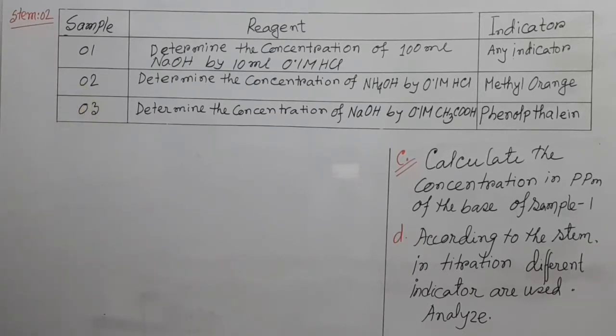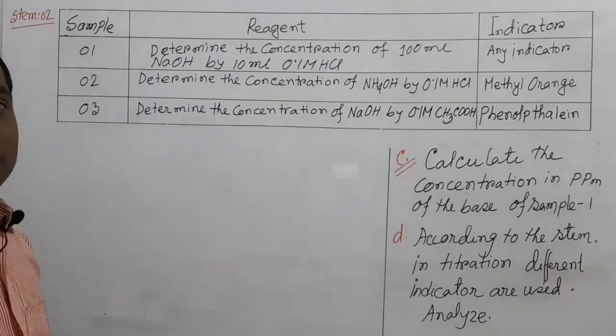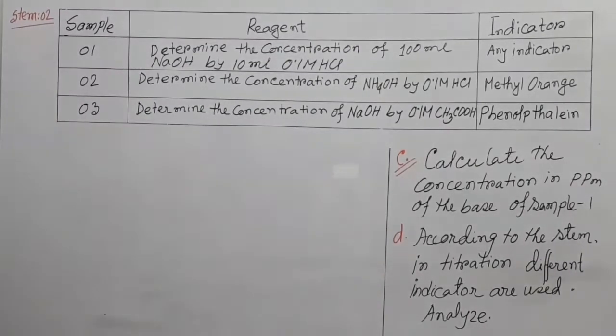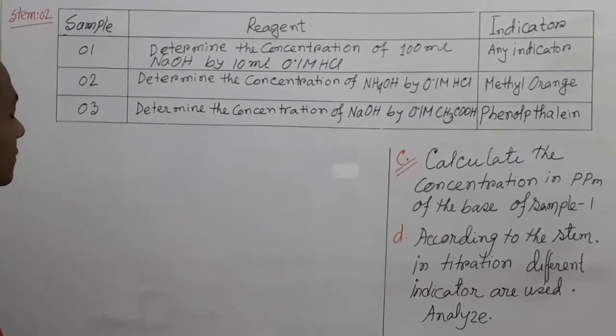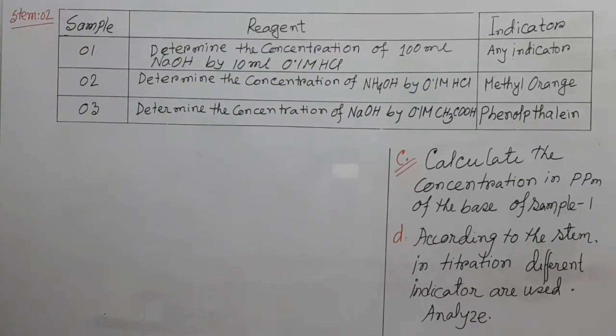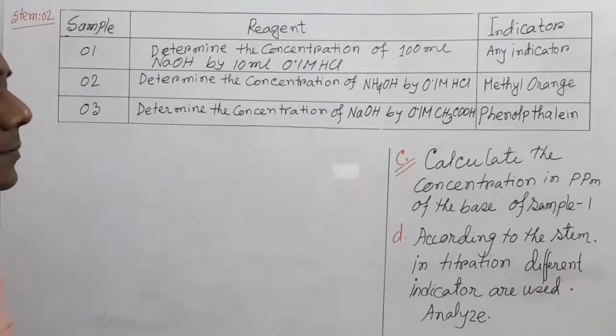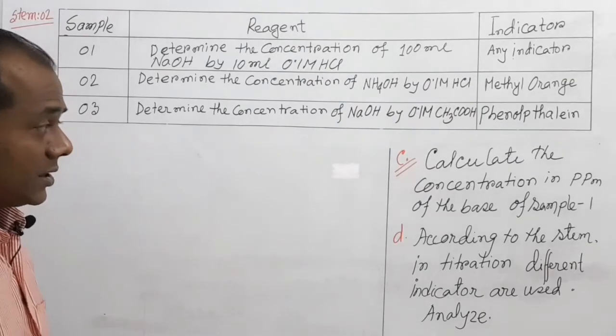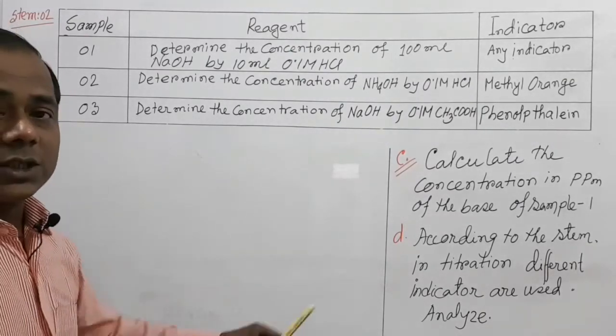Sample 2, determine the concentration of ammonium hydroxide by 0.1 molar hydrochloric acid, and here we use methyl orange indicator. And sample 3, determine the concentration of sodium hydroxide by 0.1 molar acetic acid. Here we use phenolphthalein indicator.